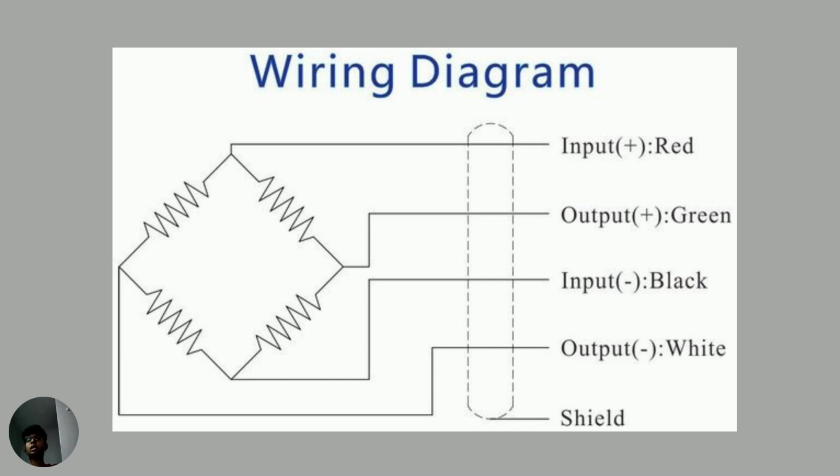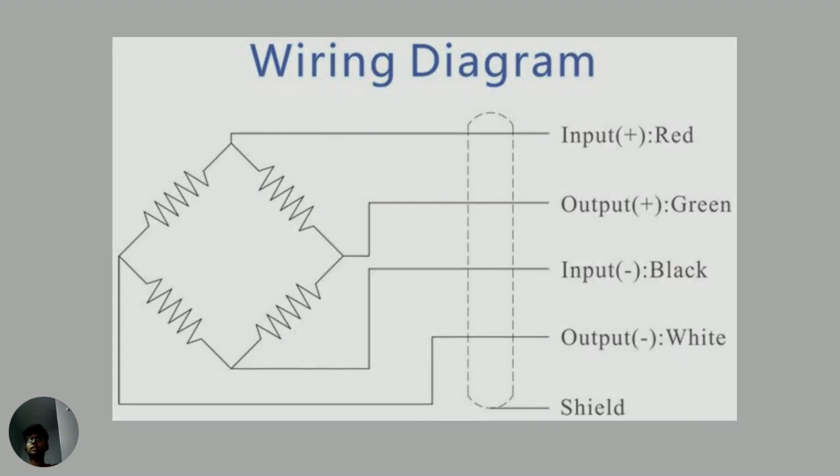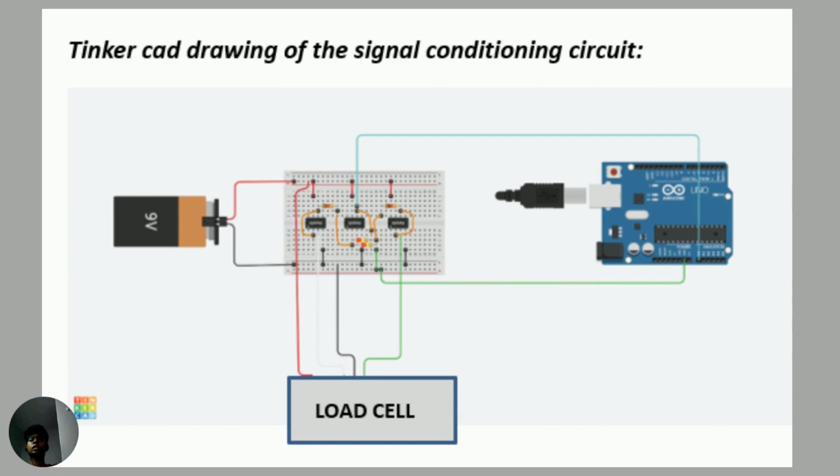The black input will be connected to the negative terminal of the battery, while the red input will be connected to the positive terminal of the battery. The green and white wires will be connected to the voltage followers. It doesn't matter in which order we connect them, it will give a similar reading.